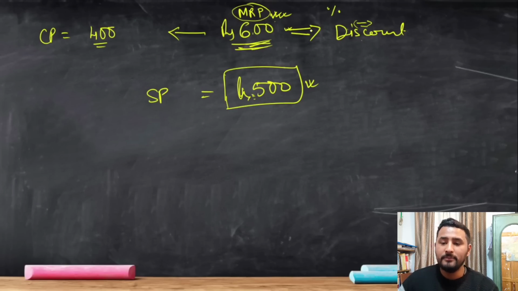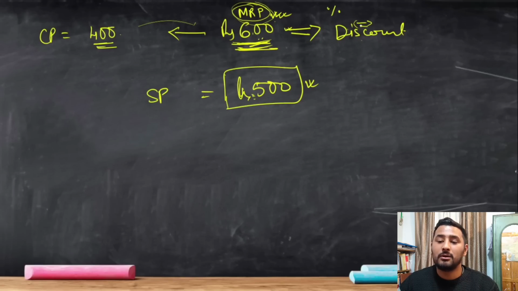I hope you're getting my point. Once again, if the shopkeeper has kept a t-shirt for rupees 600, before that he has bought it from the wholesaler at 400. That will be his CP, and he increases it from 400 to 600. That will be called the mark price.